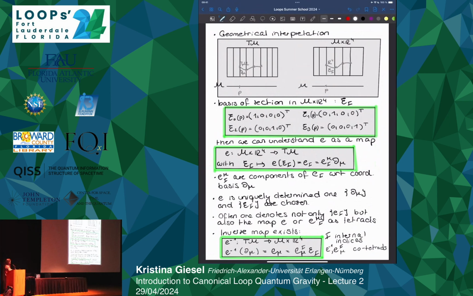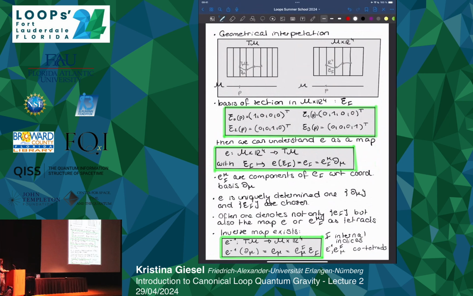Now, if I choose these 2 bases, so for instance the coordinate basis d mu and the standard basis psi I, then E is uniquely determined. And often one denotes the tetrads also by these components, by the map, or by the frame that I choose by choosing the basis E I. Now, given this map from M cross R4 to TM, also the inverse exists, which maps from TM to M cross R4.